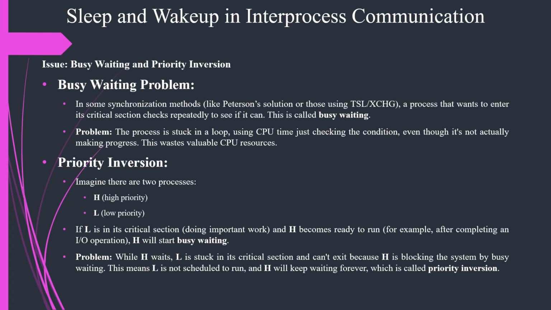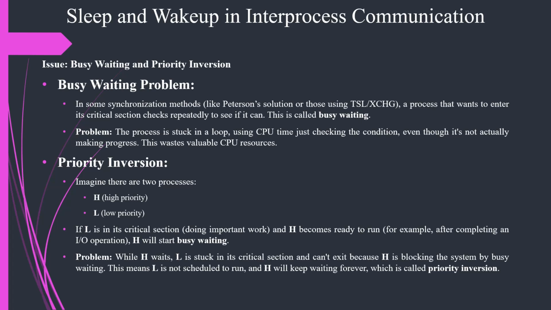The IPC is going to work fine using the Peterson solution, using the TSL concept, and exchanging of registers, and lock key using the XCHG concept. So it's going to work fine, but still we have these two issues with the Peterson solution as well as some of the other algorithms we have come across: the busy waiting problem and priority inversion.